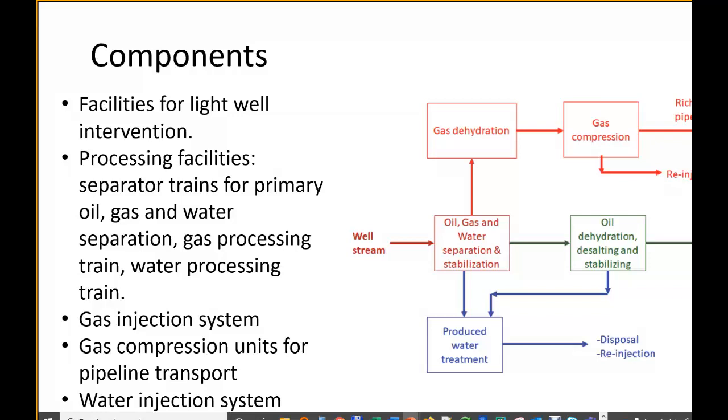Then you go to produced water treatment, where after that you have either disposal or reinjection of water. Okay, disposal to sea or disposal to another formation that is not in use but simply will be for disposal of water, or reinjection, which usually is for some sort of pressure maintenance or EOR.